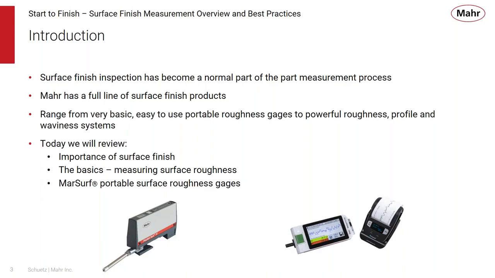And today, we're going to talk about the importance of surface finish. We'll talk about the basics, some of the parameters and things to watch out for when you're trying to measure surface finish. And then we'll give you a quick overview of the Mahr Surf portable surface finish line of roughness gauges. So let's begin.